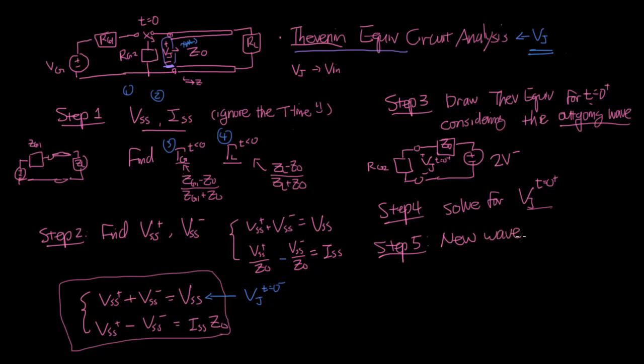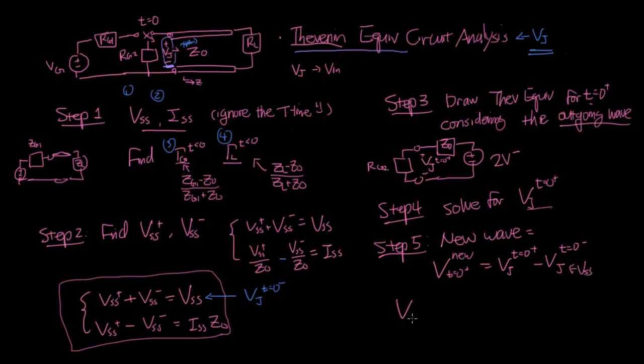So this new wave that's going to go into the transmission line is going to be the difference of the junction voltage between t equals 0 plus and the junction at t equals 0 minus, which, as I mentioned, is equal to VSS.